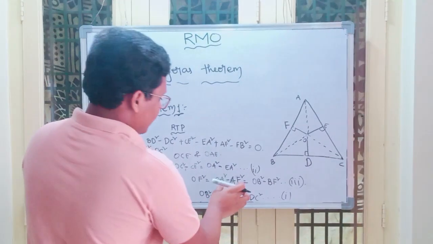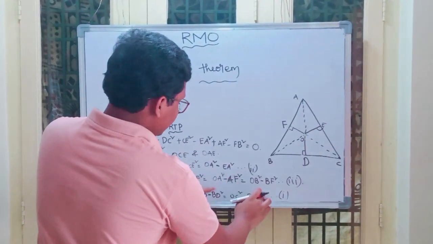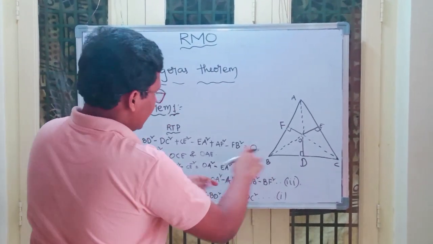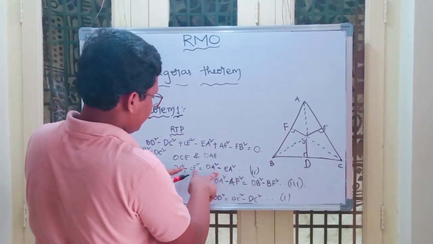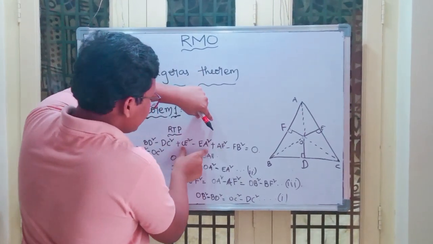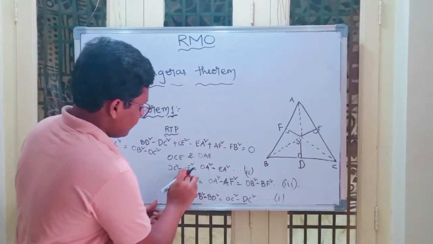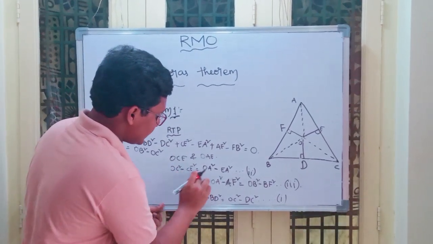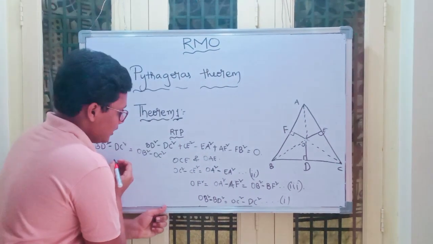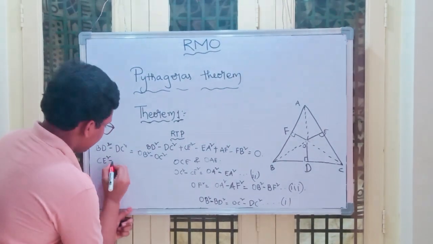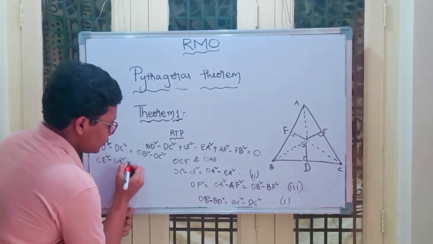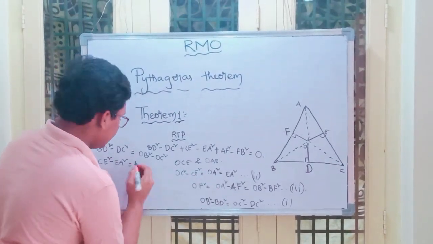And from this equation 2, CE square minus EA square, we will shift this CE square to this side and OA square to this side. We will get that CE square minus EA square is equal to OC square minus OA square.